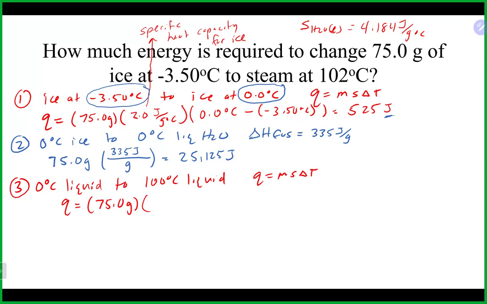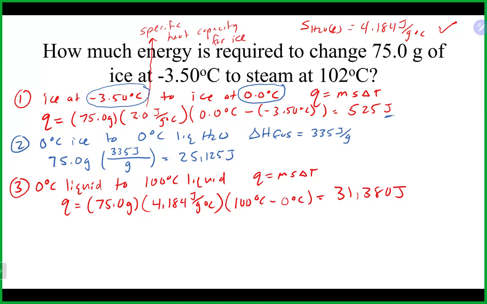And because we're in liquid water, we can now use our liquid specific heat capacity, which is 4.184 joules per gram per degree Celsius. Final temperature is 100 degrees Celsius. Initial is 0 degrees Celsius. And that's going to give me here 75 times 4.184 times 100, about 31,380 joules of energy to take it from 0 degrees Celsius to 100 degrees Celsius liquid water. So that's how much energy you got to put in there to basically get it to its boiling point.